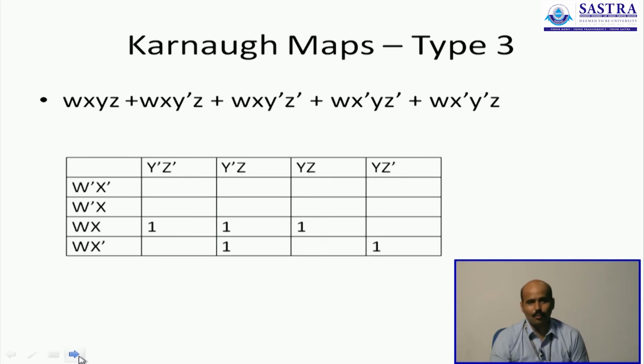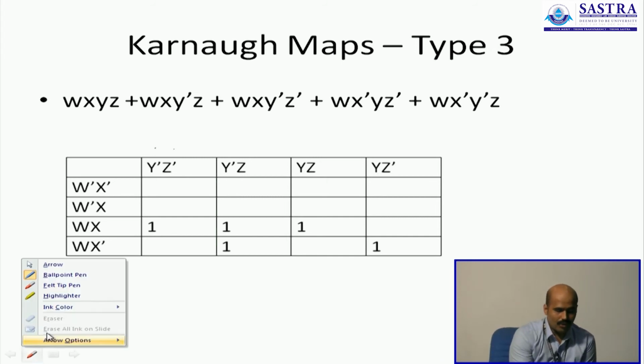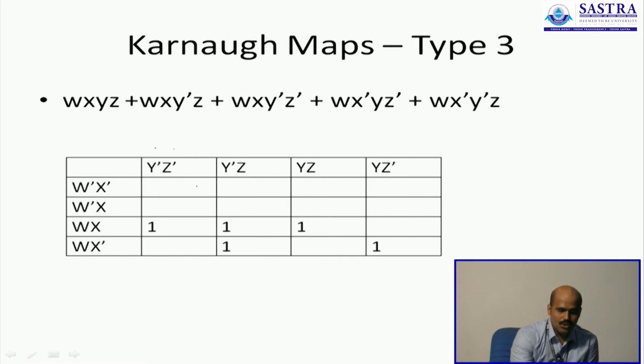So if I have a polynomial in terms of 4 variables w, x, y and z, I'll allocate these as w bar x bar, w bar x, wx, wx bar. These will be y bar z bar, y bar z, yz and yz bar. Now if we are to write them as individual numbers, we already saw that this should be 0, 1, 3 and 2, 4, 5, 7 and 6.